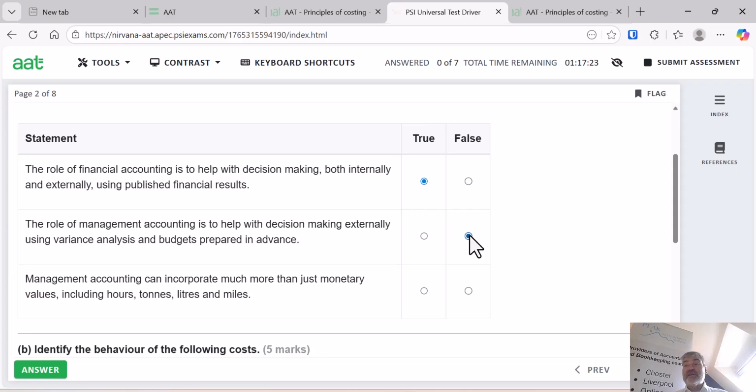Anything that basically can help us to measure the performance in terms of productivity, economy and efficiency of the business. So management information analyzes all sorts of data. So basically that statement is true.